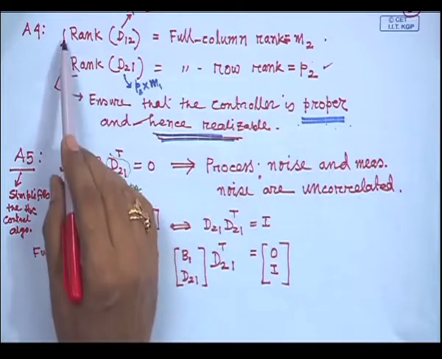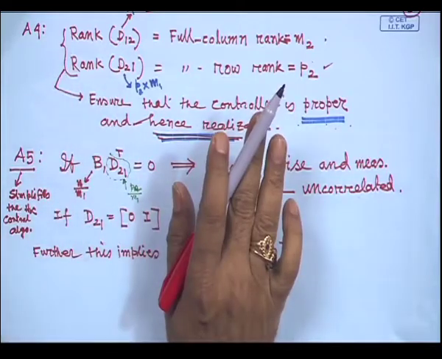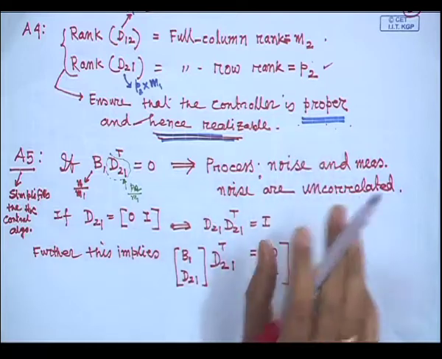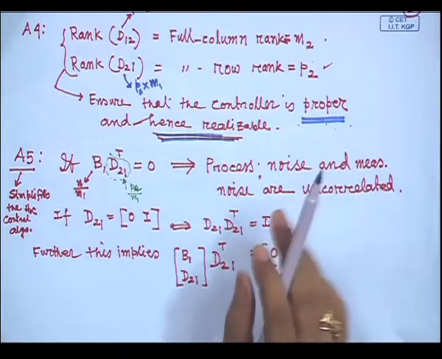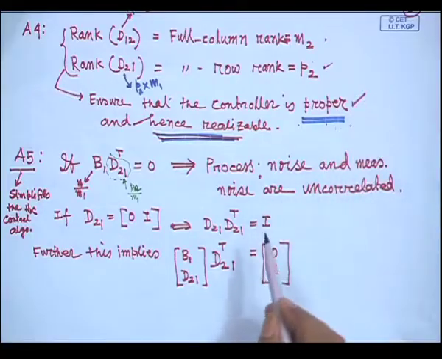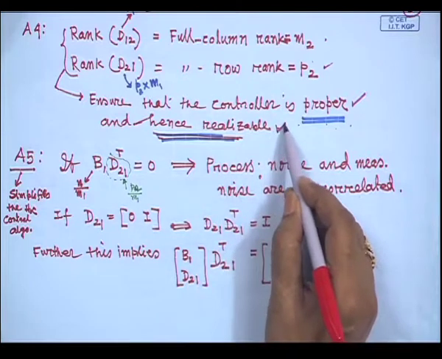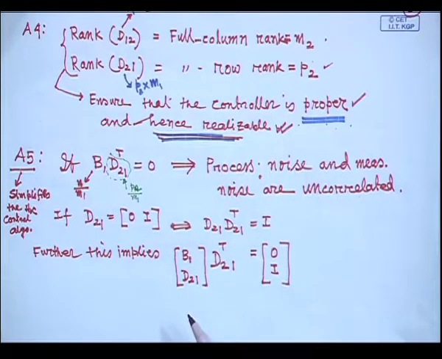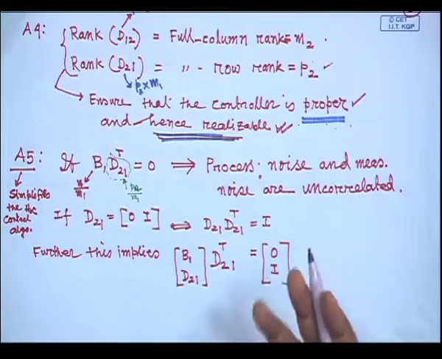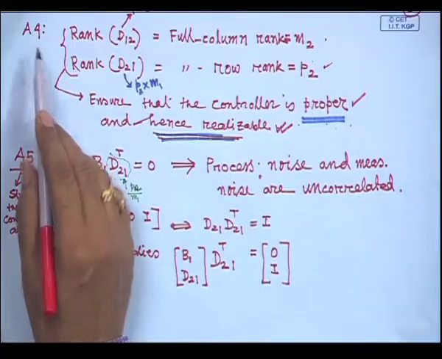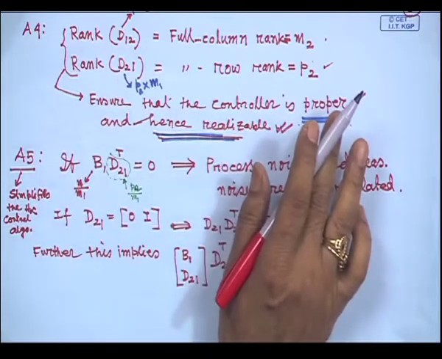These two conditions ensure that whatever controller you get after designing the H infinity controller will be proper. You will be able to realize this controller; it will not be an improper transfer function. So, this condition also must be satisfied.